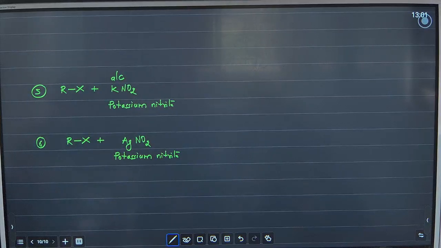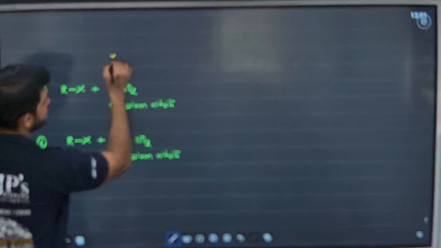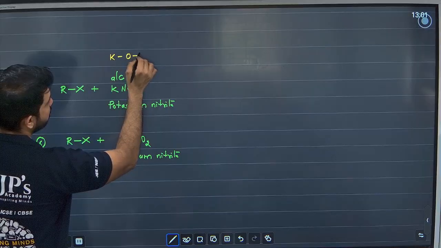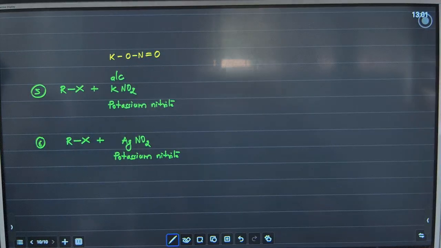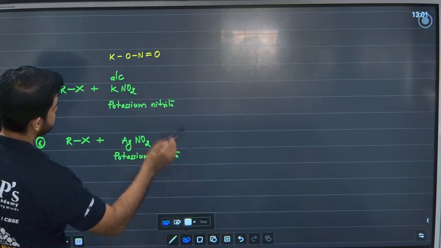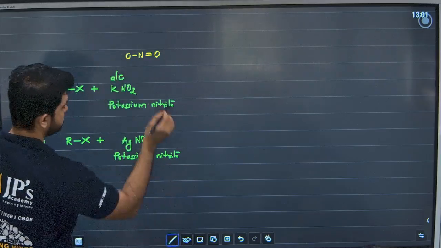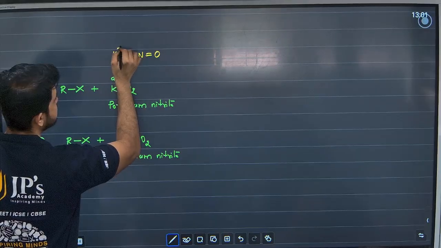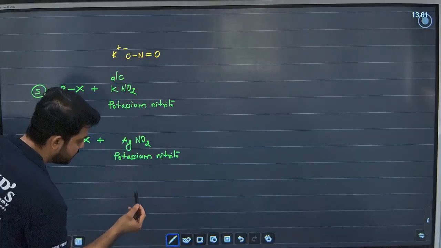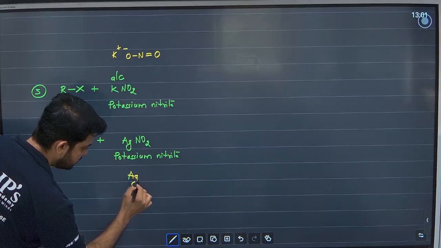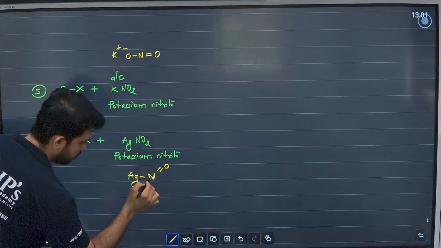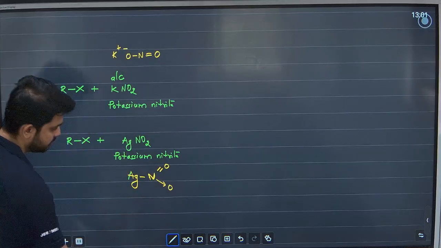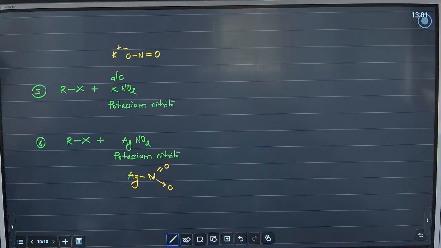But the difference is in potassium nitrite. This should be like K plus. But over here we have AgNO₂, and it's like this.